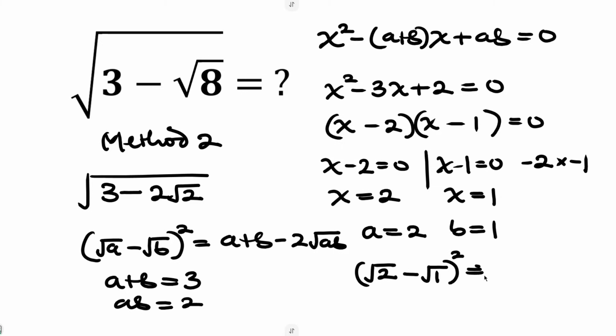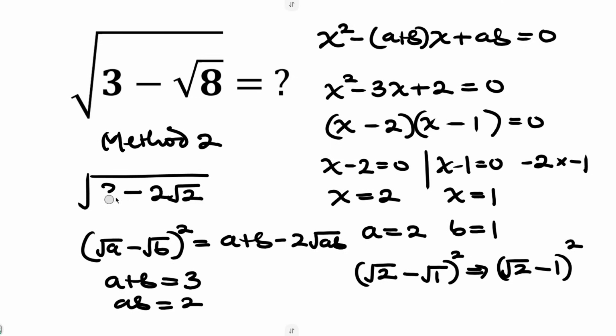And this simplifies into the square root of 2 minus the square root of 1, which is 1, all raised to the power of 2. Like I said, this is the perfect square of what we have here. So I'm going to be replacing this with this.